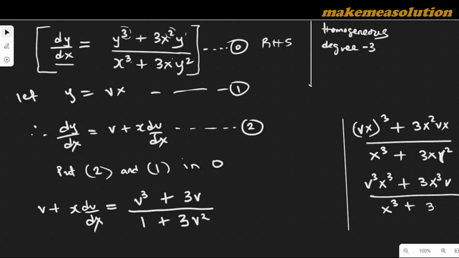I missed something earlier: it was supposed to be v squared x squared, from putting y equal to vx. So x times x squared is x cubed.